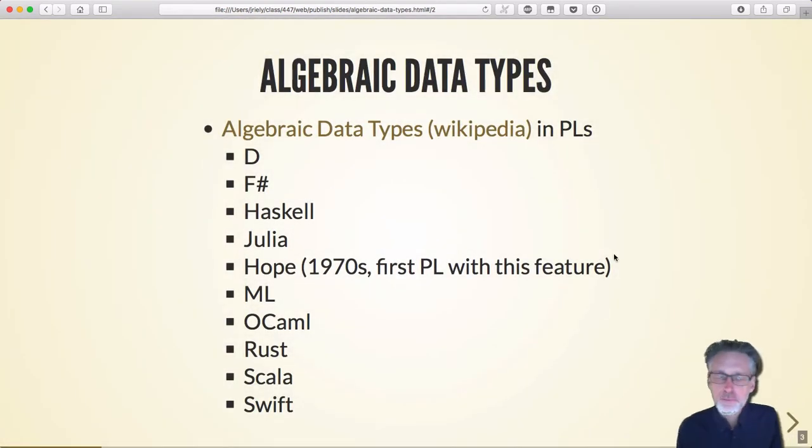Okay. Algebraic data types happen in lots and lots of languages. This is just a short list. You'll see it's in dozens of languages now, including some languages which are becoming more prominent. So Swift and Kotlin that I mentioned earlier are two popular languages.